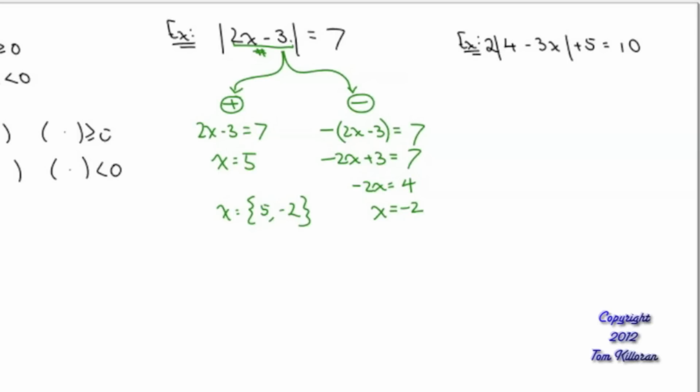So what do I need to move? You minus the 5 first, right? Subtract 5 from both sides. And that'll leave us with 2 times the entire absolute value of 4 minus 3x is equal to 5. And divide both sides by 2.